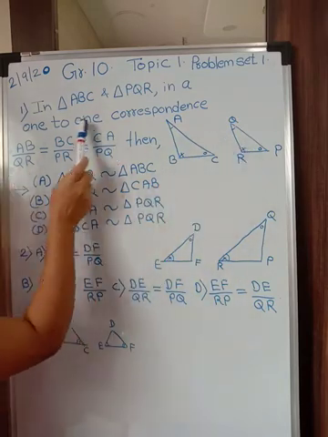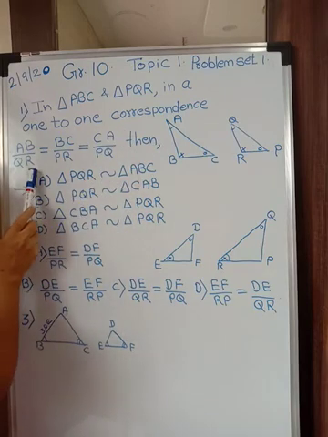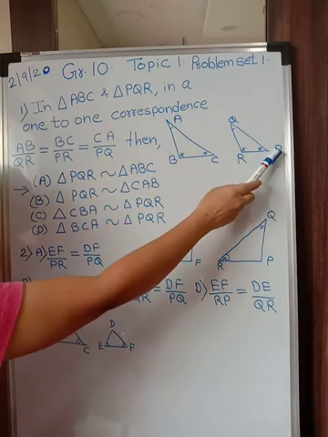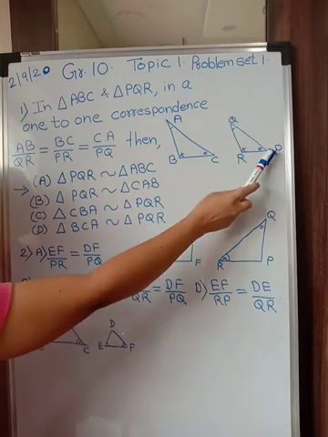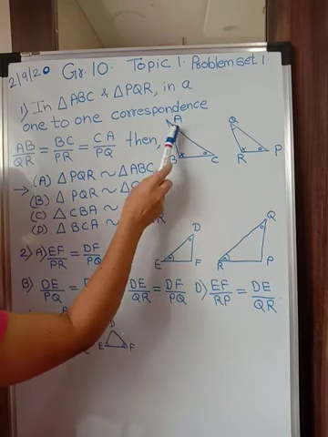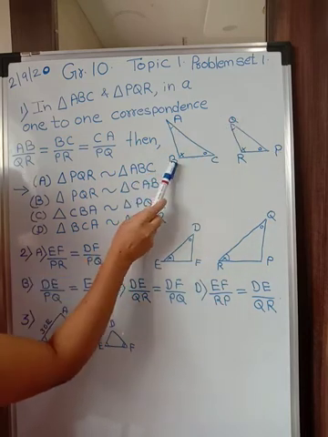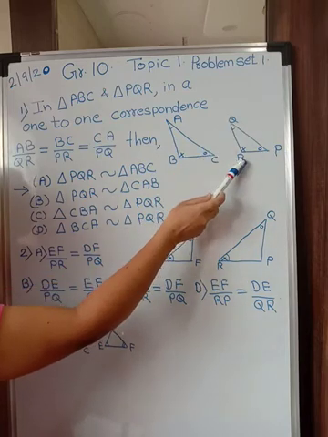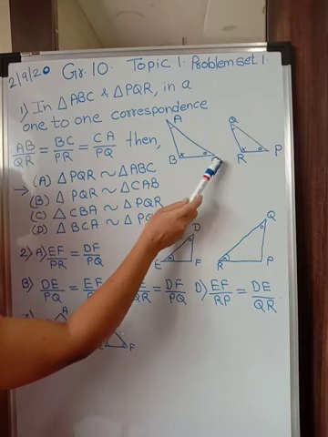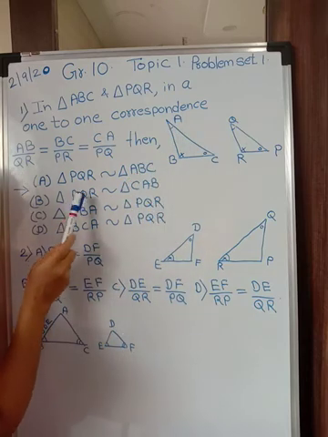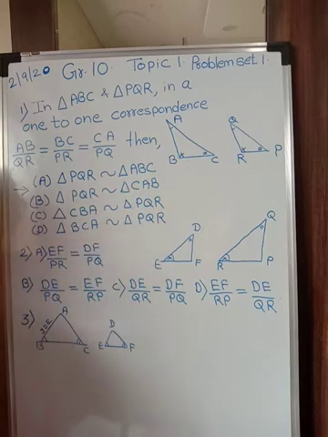So with the help of these proportionalities which they have given, we will be able to find out which angles are equal. And now once you know the angles, we know PQR. If I am taking the first angle P, then angle C is equal to angle P, A is equal to Q and B is equal to R. If I am taking PQR, I should say it is similar to triangle CAB. I think B is the correct option.